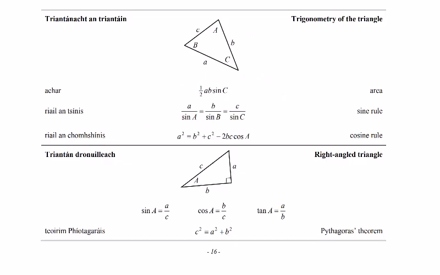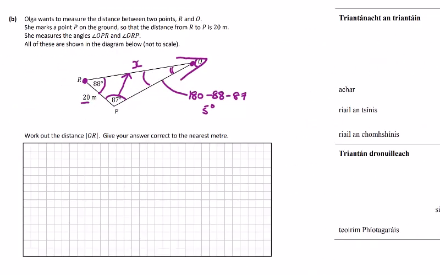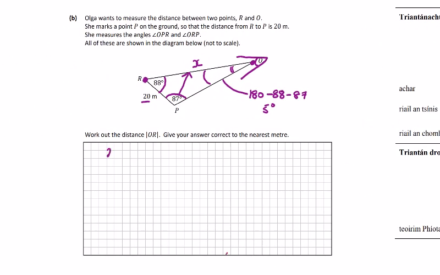So the sine rule from the formula booklet, trigonometry of the triangle. We have our right angle triangle and we have our non-right angle triangle, and this is my sine rule. It gives all three parts. So it's the side C or A over the sine of the angle opposite. So let's apply this knowledge here. So the side over the sine of the angle opposite, 20 over the sine of 5 degrees, equals the side we're looking for, x, over the sine of 87.